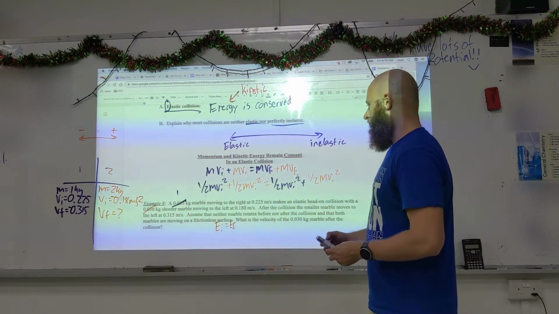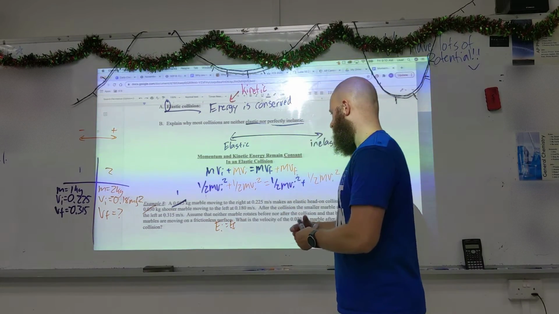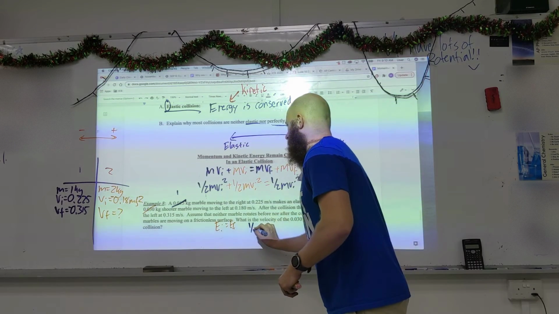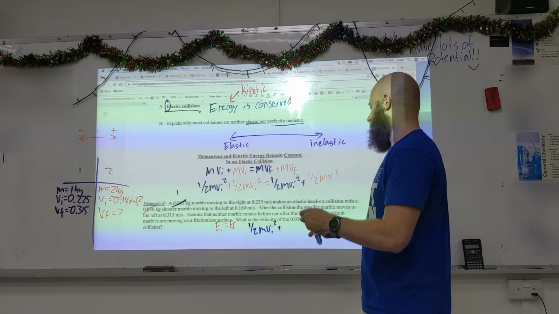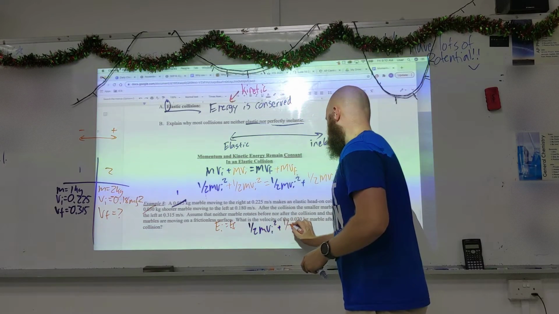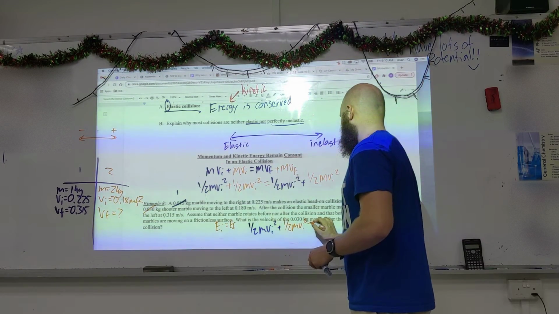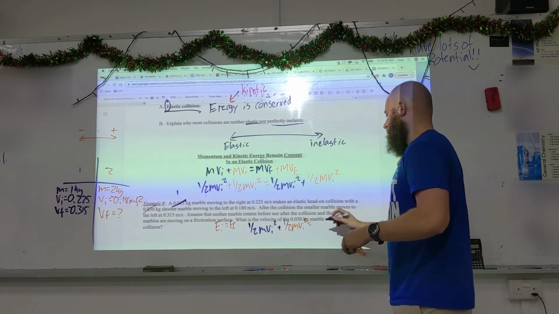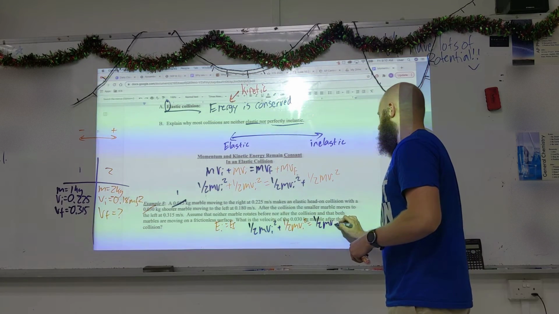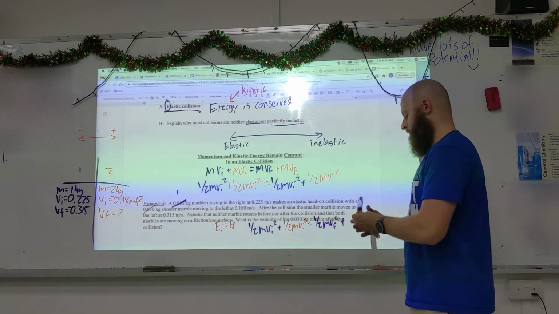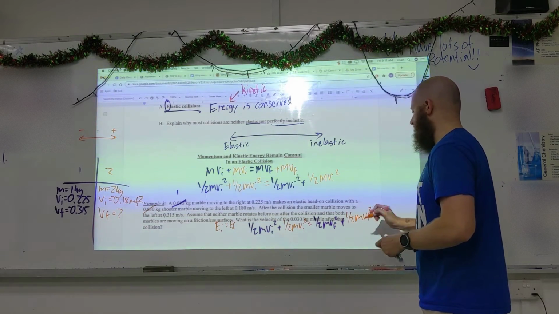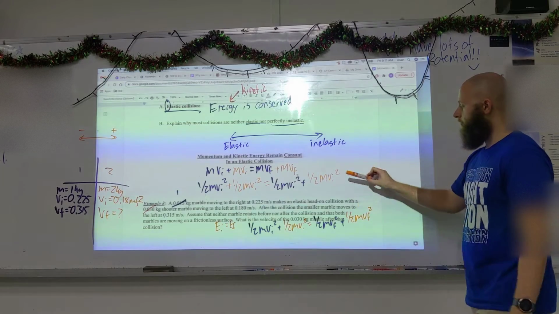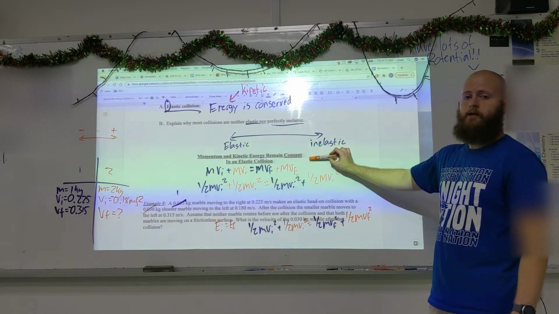Then we have 1/2 m vi squared plus 1/2 m vi squared equals 1/2 m vf squared plus 1/2 m vf squared. Now I should be able to do this both ways and get the same answer for both.